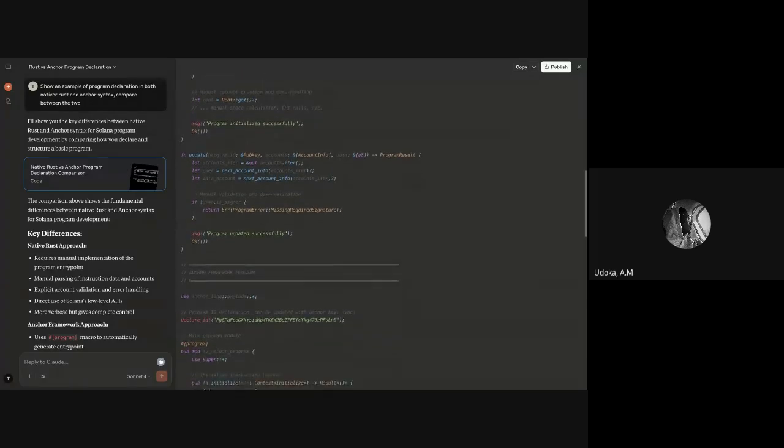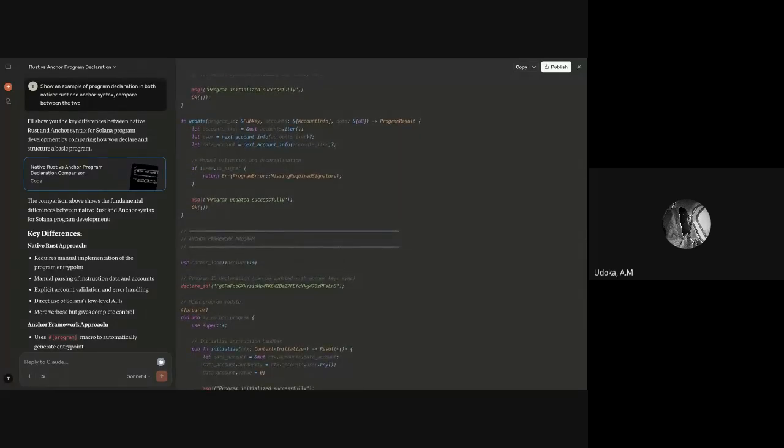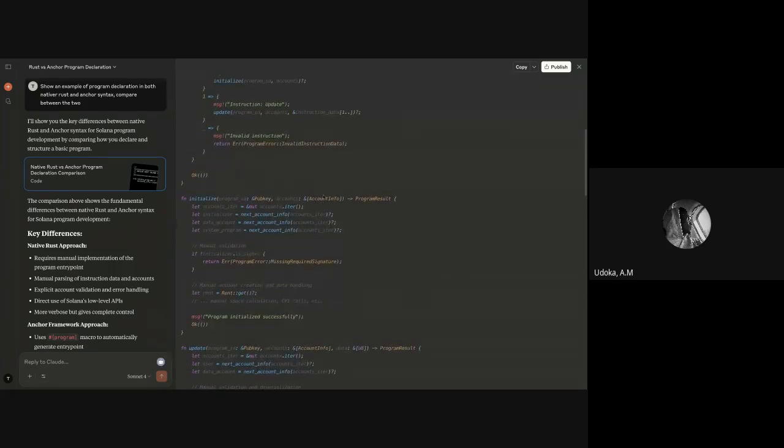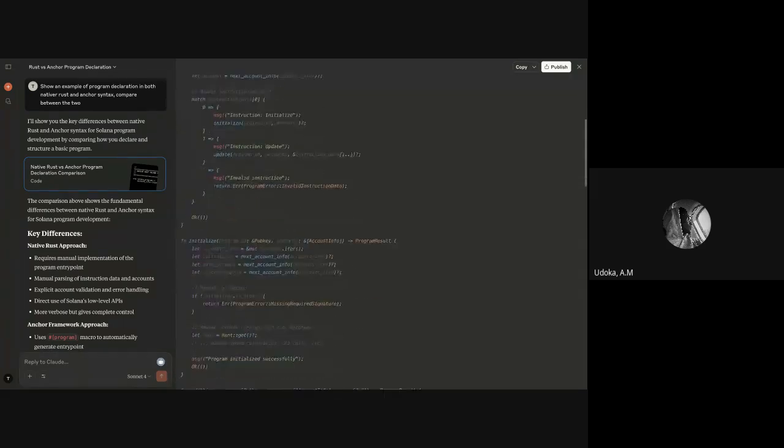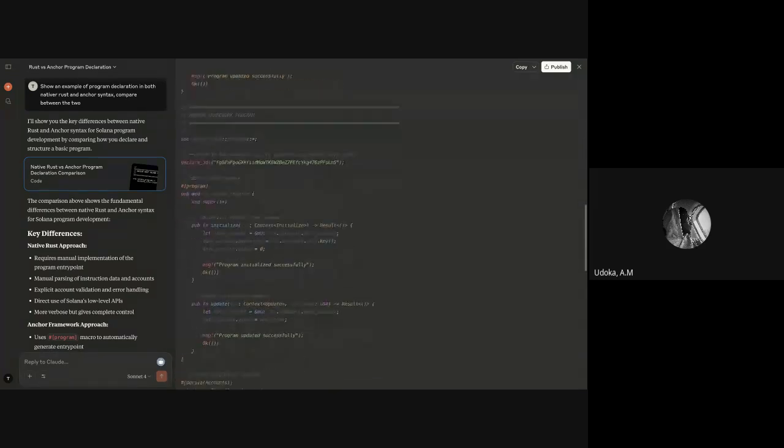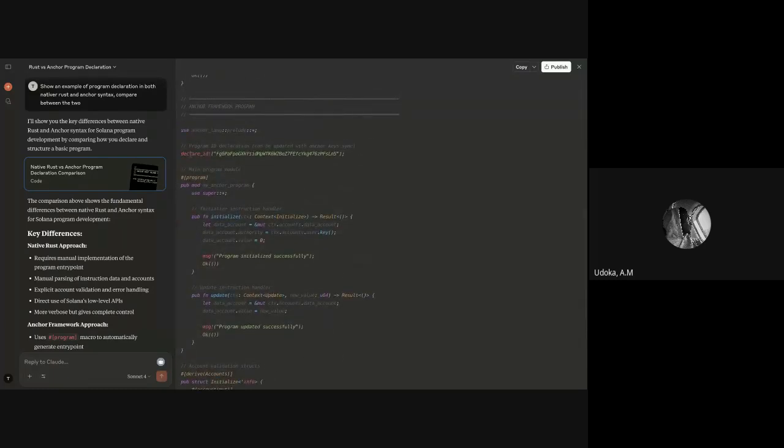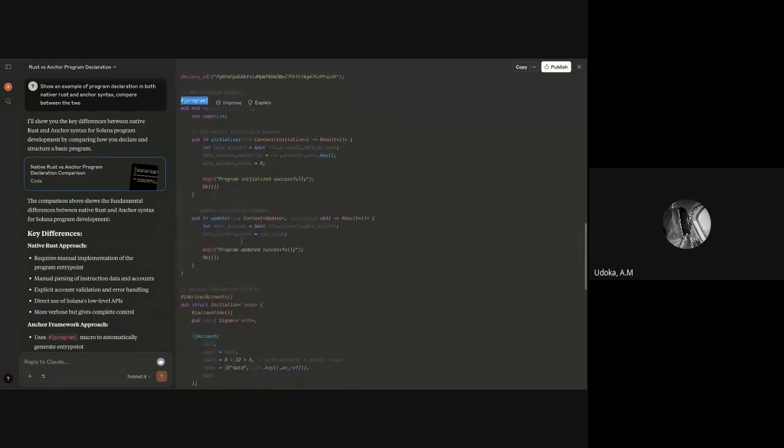Every time you need to define another program or another account on Rust, you need to go through this lengthy process over again. Whereas on Anchor, basically all you need to do is call this macro, and this is what you get.